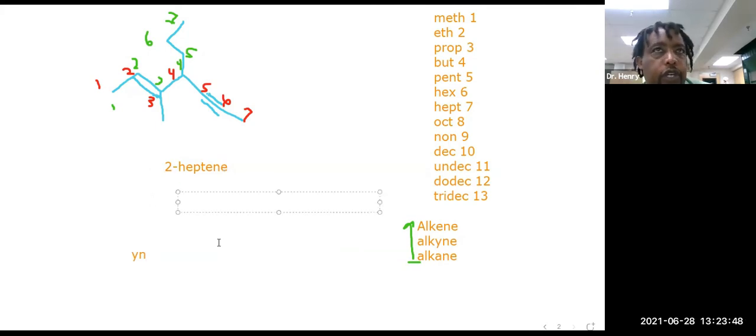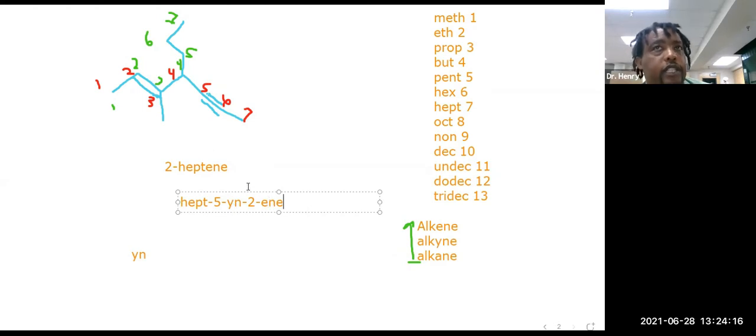It would be HEP, then the number where the triple bond is located, the smallest number, which is 5. So -5-YN-2-ENE. Okay, so that tells me where the triple bond is in that main chain.